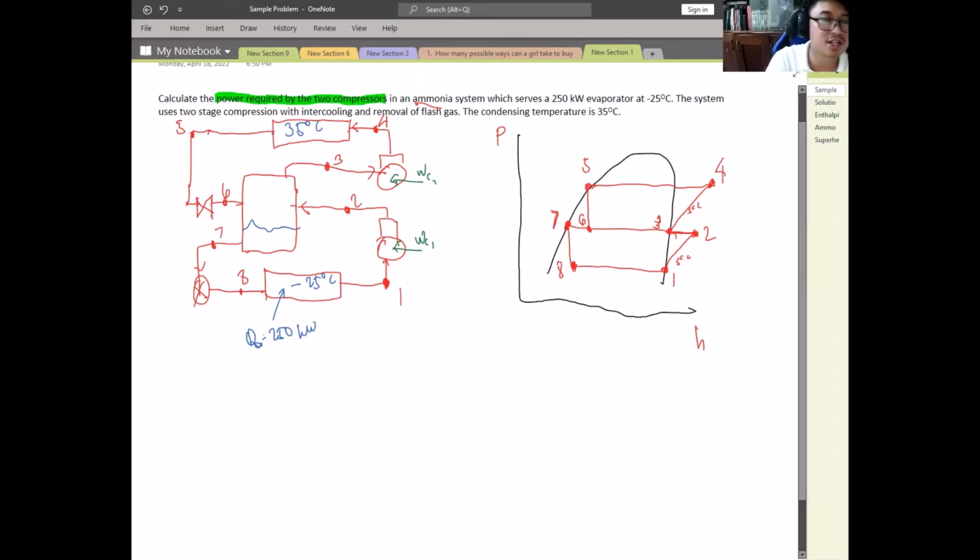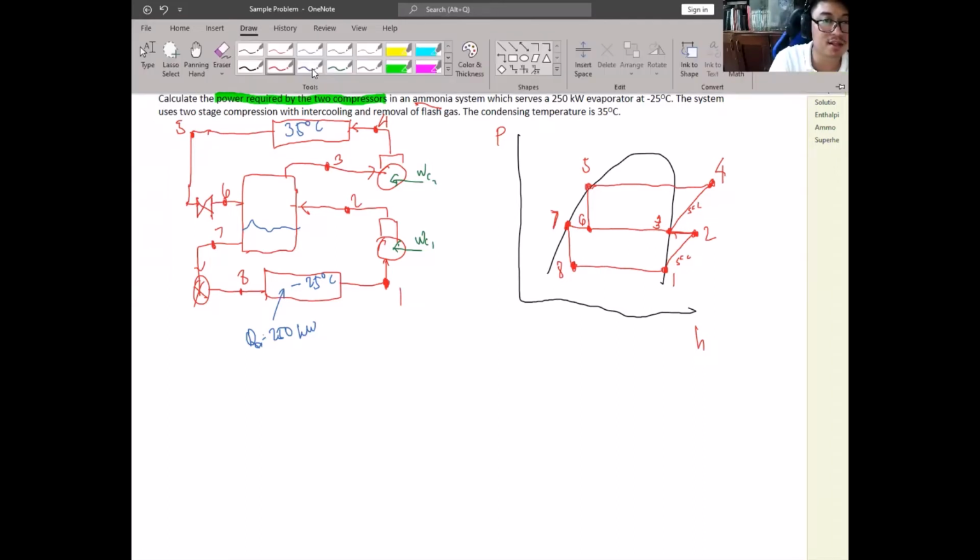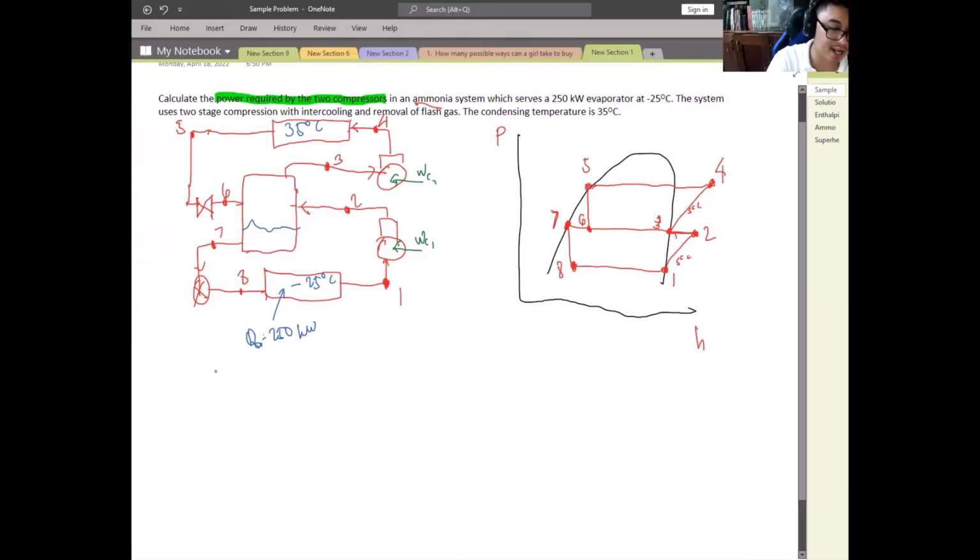So, our general equation is simply, okay, sulat lang natin para guided tayo. Our general equation or the required is the total work. The work total, that is work C1 plus work of the compressor 2.